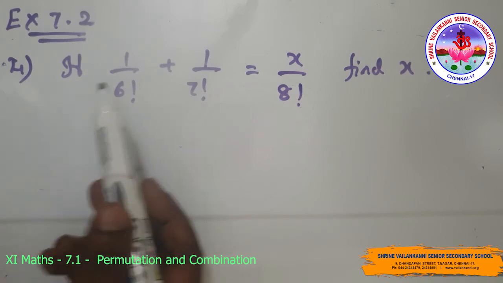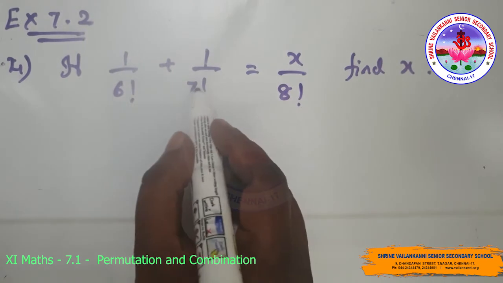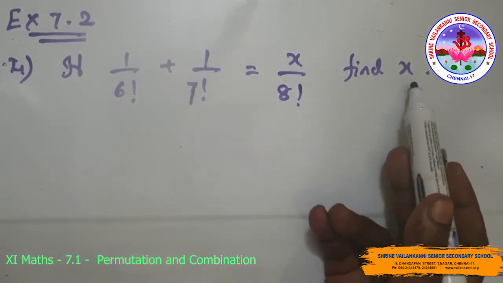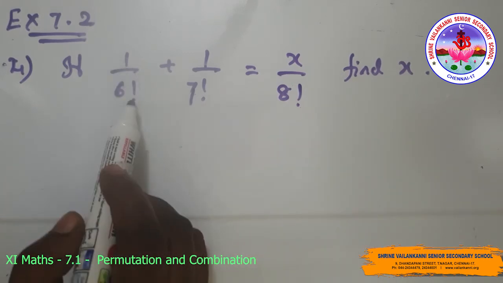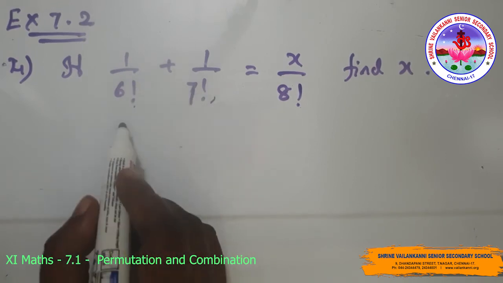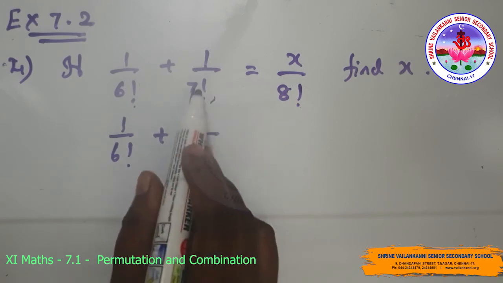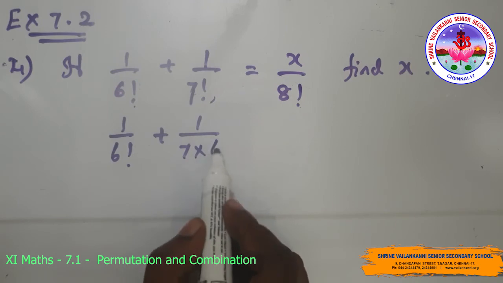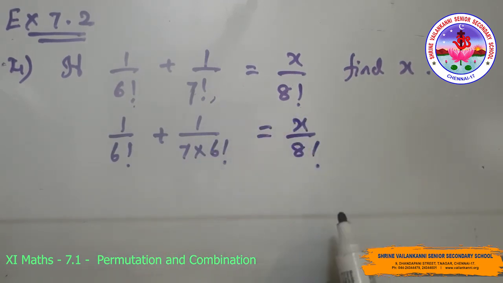Fourth question. If 1 by 6 factorial plus 1 by 7 factorial is equal to x by 8 factorial, we have to find x. Here we can take 1 by 6 factorial as common. So I can write this as 1 by 6 factorial plus 1 by, to make this 6 factorial, I am stopping this at 7 into 6 factorial, which is equal to x by 8 factorial.